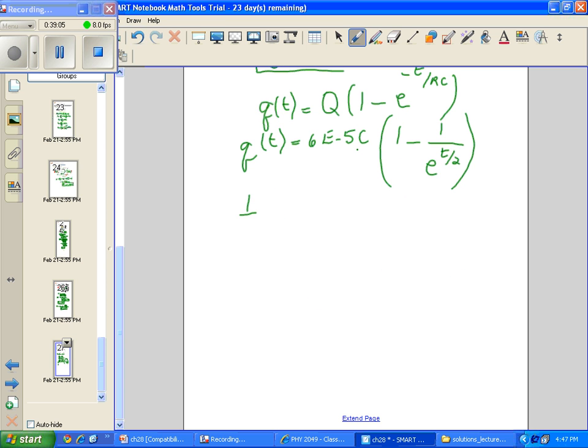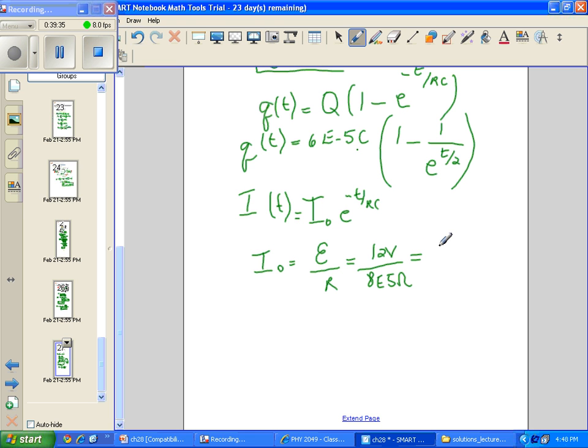Next, current as a function of time is the maximum current, which we'll have to determine, times e to the minus t over RC. Well, the maximum current, using Ohm's law, will be equal to EMF over R. We know that EMF is 12 volts, and R is 8 e to the 5 ohms, and we get a maximum value of 1.5 e to the minus 5 amps.